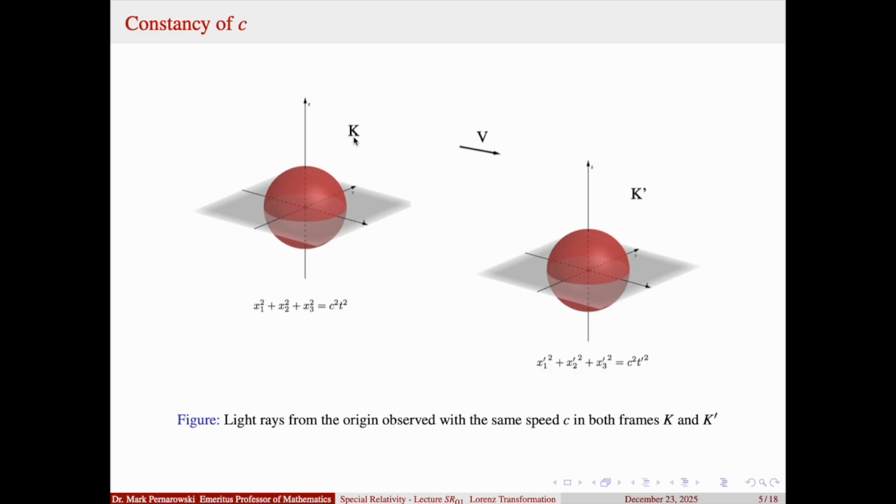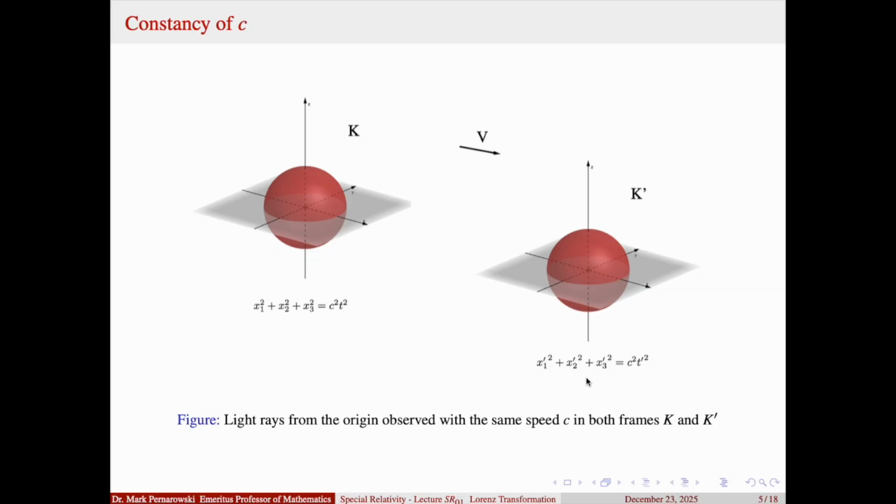For the observer in K, this sphere represents light rays emanating from the origin in that frame. And therefore, in the frame K, we see these light rays must be on a sphere of radius ct.